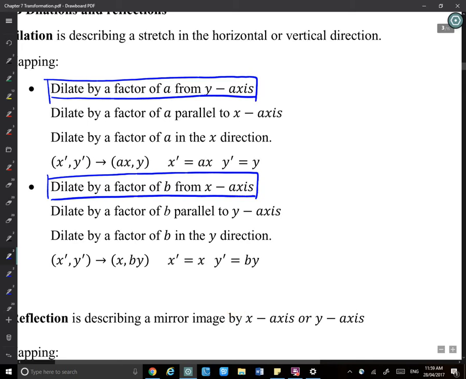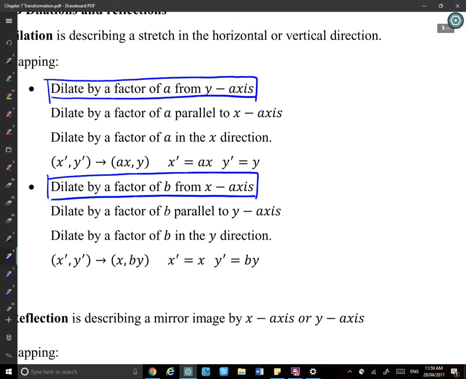How to think about this graph? Let's say we have an xy graph. I will draw that on the board. What is dilation by factor a from the y-axis? If you have a graph here, you will stretch it in this direction.